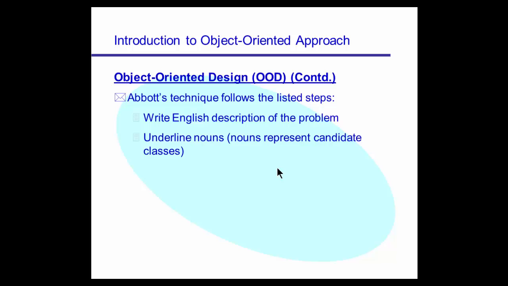The classes you develop can be a student class, which is a noun, a car class, a plane class, a ship, whatever it might be. If you write the description of the object oriented system and keep underlining the nouns you encounter, we then represent those nouns in the form of classes, and then we start creating the objects or instances of those classes.